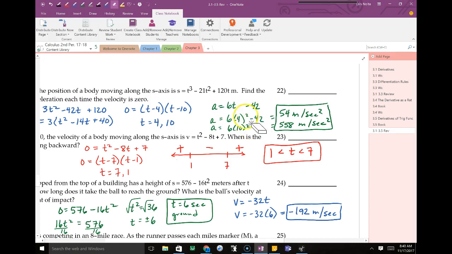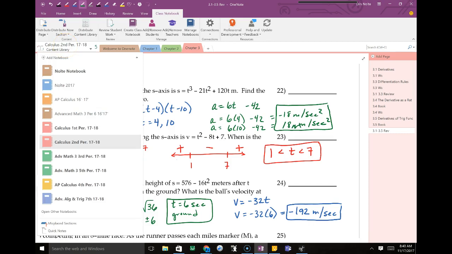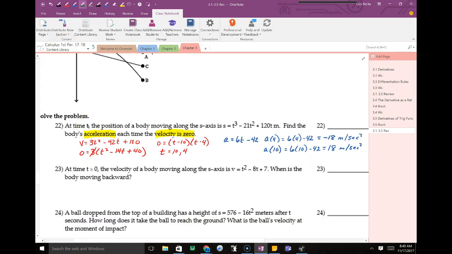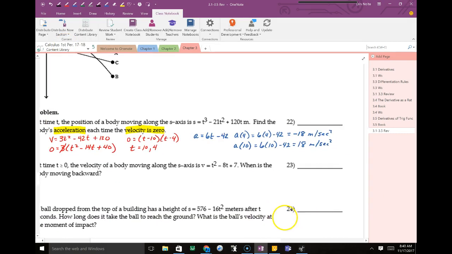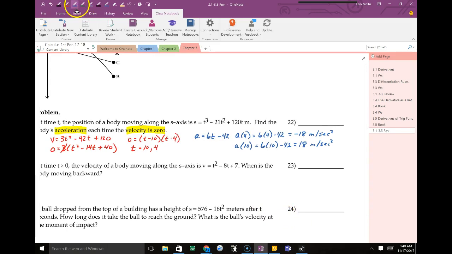When I derived it, I was squaring things. So negative 18, positive 18. I'm glad we found that mistake. You're in second period today, though. Yeah, because I was doing it in that class earlier today when I was working with these people that came in.